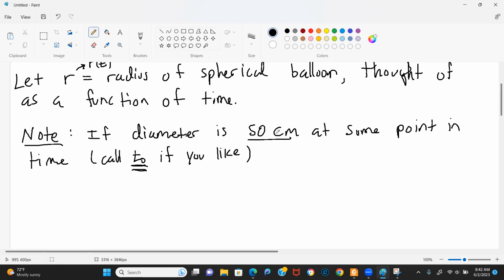So when the diameter is 50 centimeters at some point in time, the radius is going to be, well, there's a relationship between the diameter and the radius, and the diameter is also a function of time. The diameter is going to be changing as time passes, and the radius will be half of the diameter, so 25 centimeters.